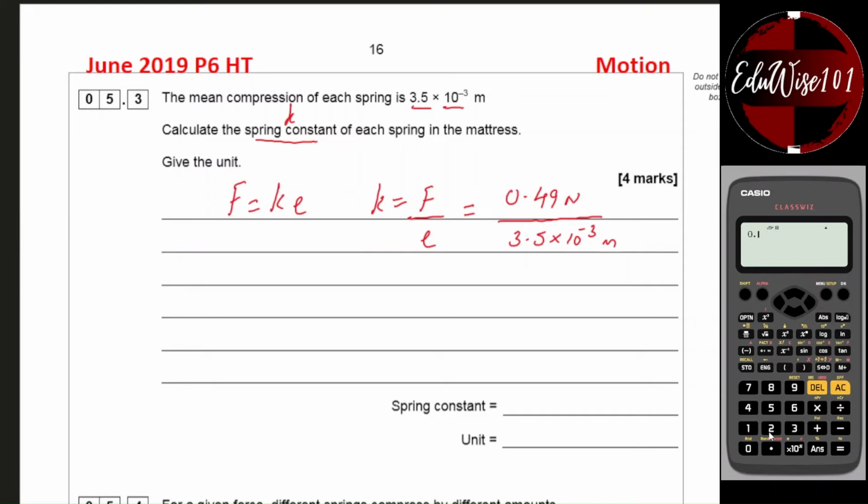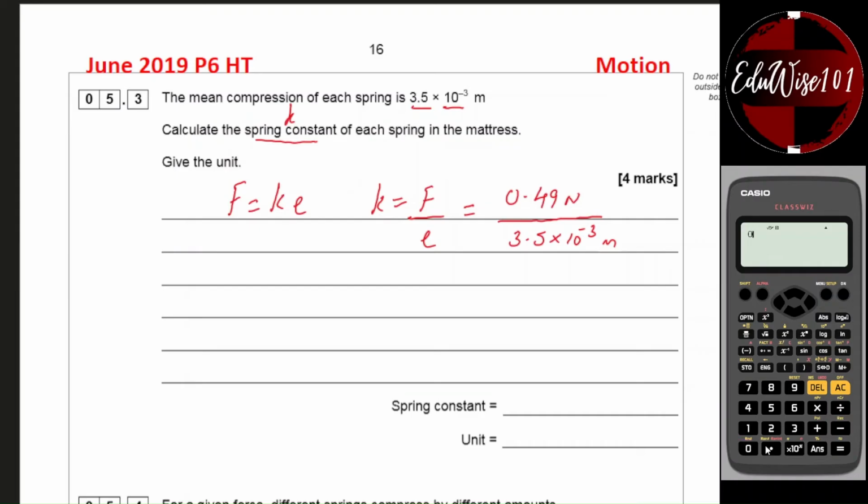So 0.49 divided by 3.5 times 10 to the power of minus 3. That gives me, and that doesn't look right. Why is that?